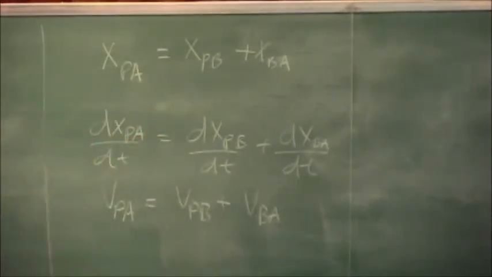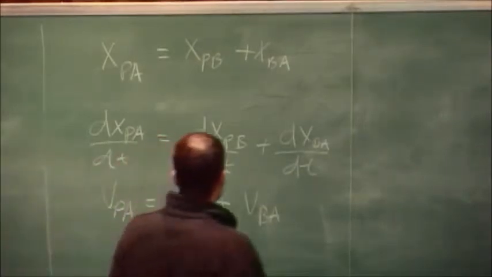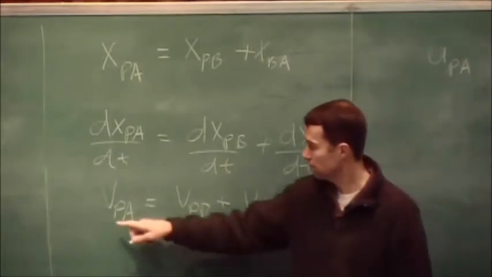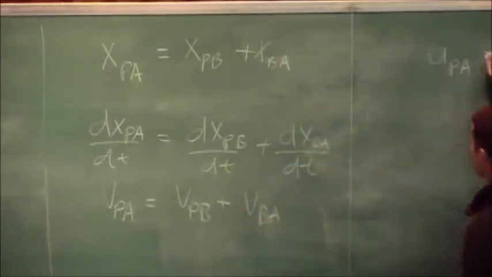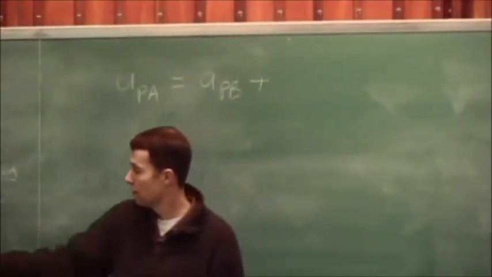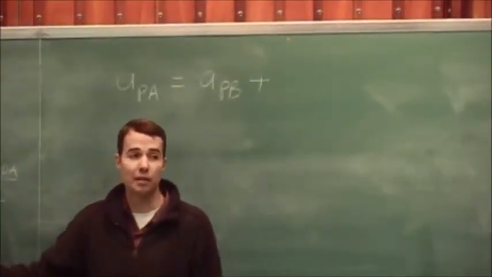How would I find acceleration? Okay, take the derivative again. So I have APA equals APB plus, now let's think about this one for a second.